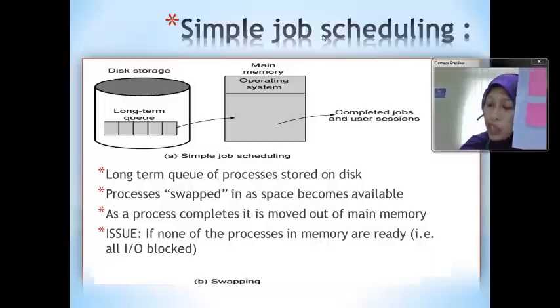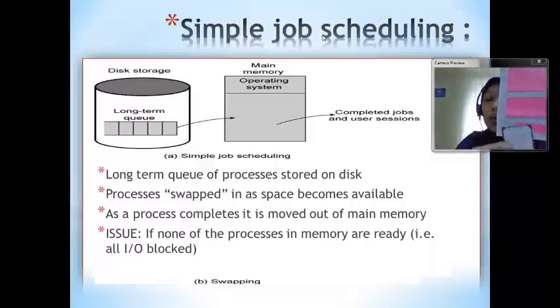But the issue here is if all the processes here are not ready. Okay, are not ready. All of them are in a blocked state. So how do we want to proceed? Okay, the CPU cannot execute any of these processes because the CPU needs the process to be in the ready state.